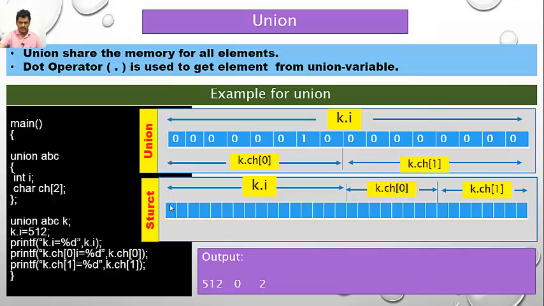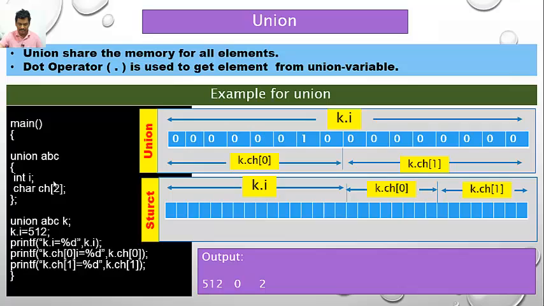The 4 bytes are 4 into 8 bits, so this diagram represents the bits for 4 bytes: 4 into 8, 32 bits.